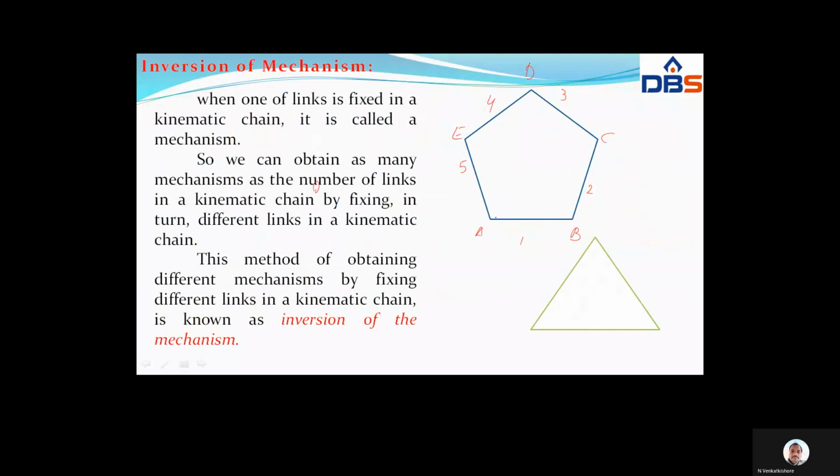If one link is fixed, that is called a mechanism. So here we fix the AB link, or first link is fixed. This is a simple mechanism.